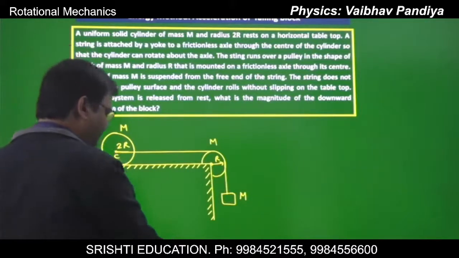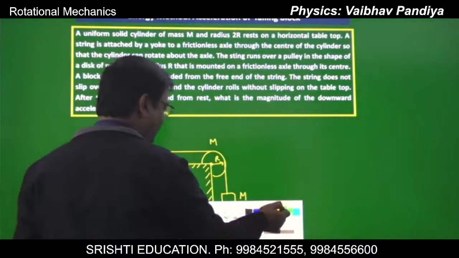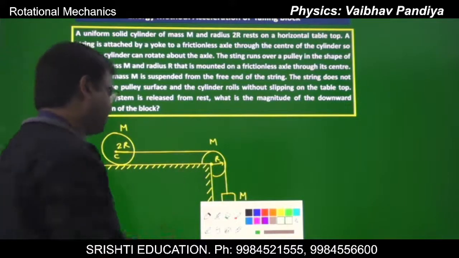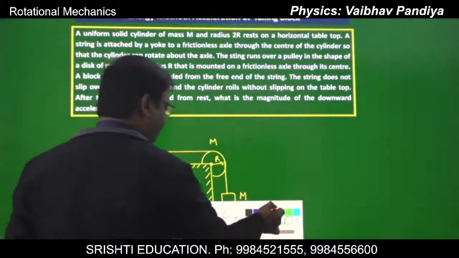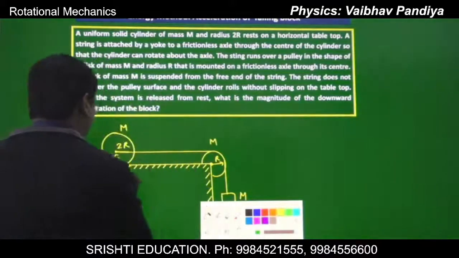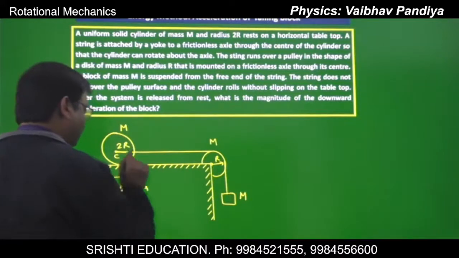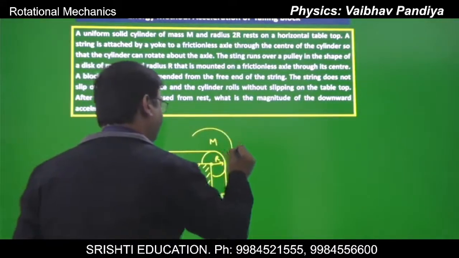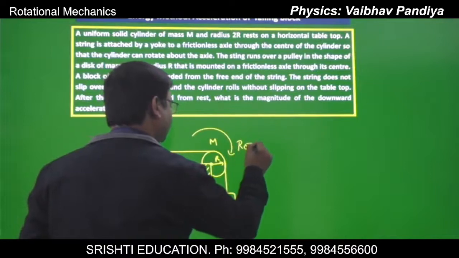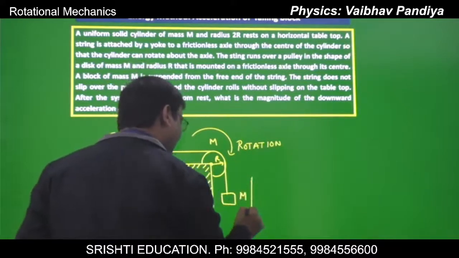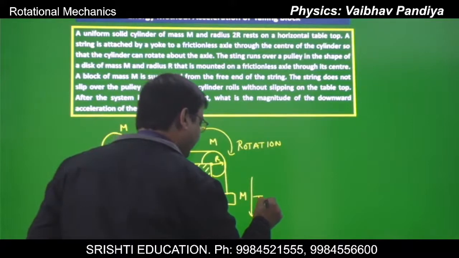So if you see, when the system is released, what will be the different types of motion associated with different objects? When the system is released, the cylinder will undergo rolling. The pulley will perform pure rotation, so it will perform the rotational motion, and the block will undergo translation, right?